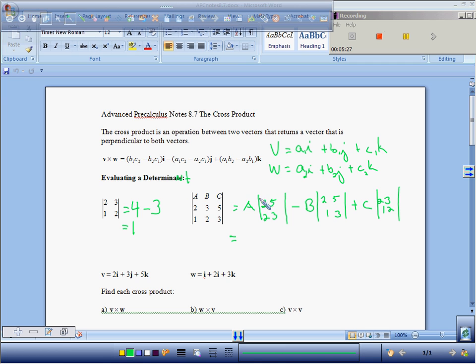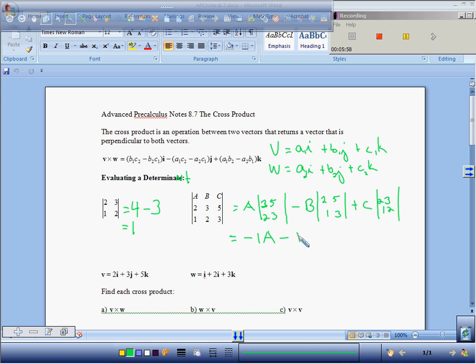So this is equal to 3 times 3 minus 2 times 5, which is 9 minus 10, which is negative 1, times A. Minus B times 2 times 3 minus 1 times 5, which gives you 1.